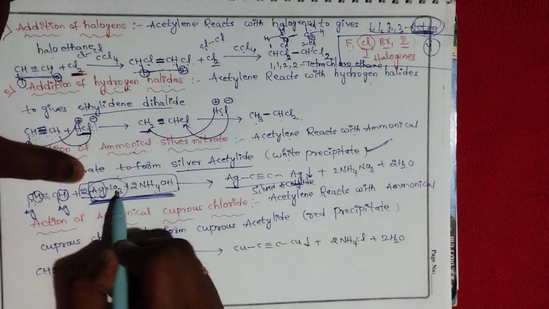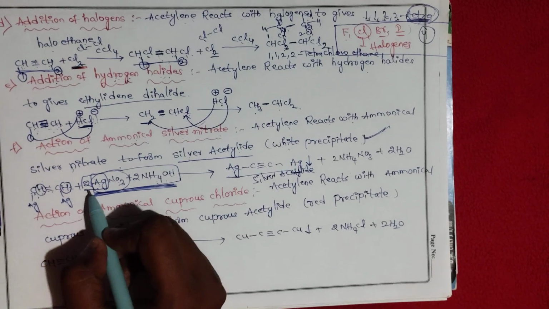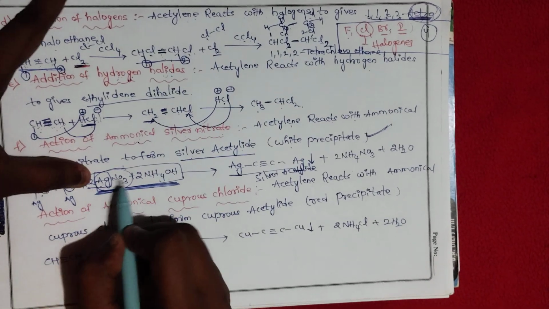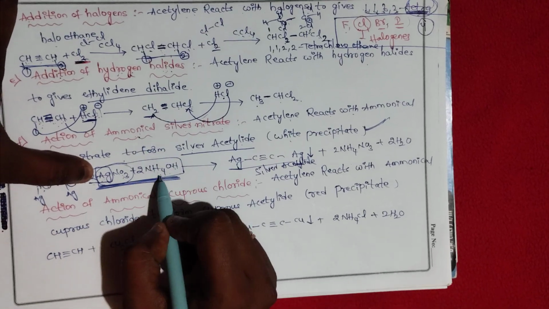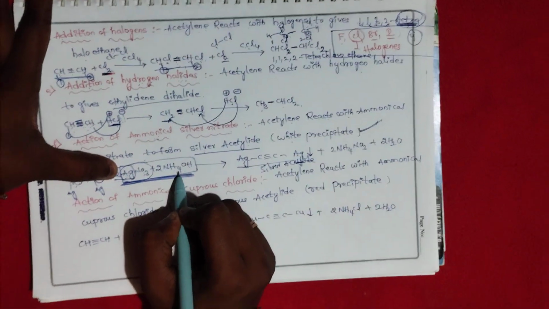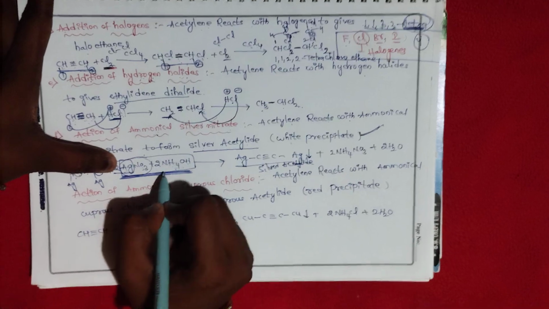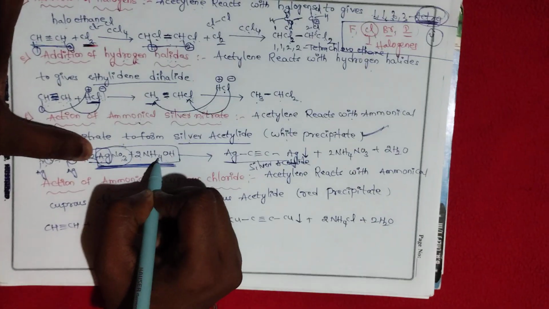Remaining, how many groups are present? Two nitrates. And for the ammoniacal combination, we take two moles of ammonium hydroxide.